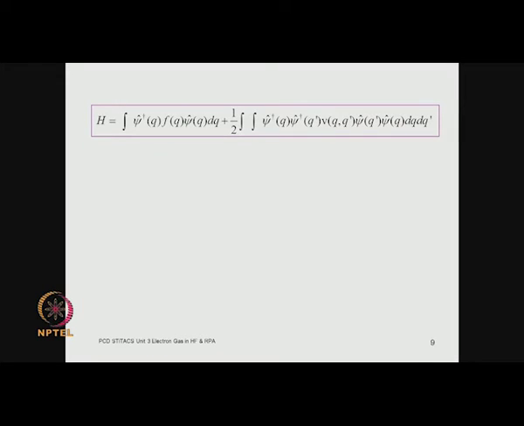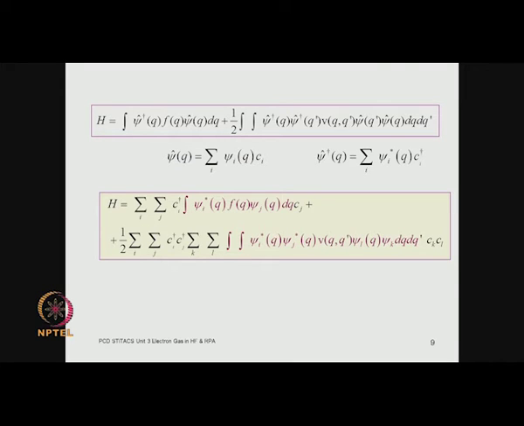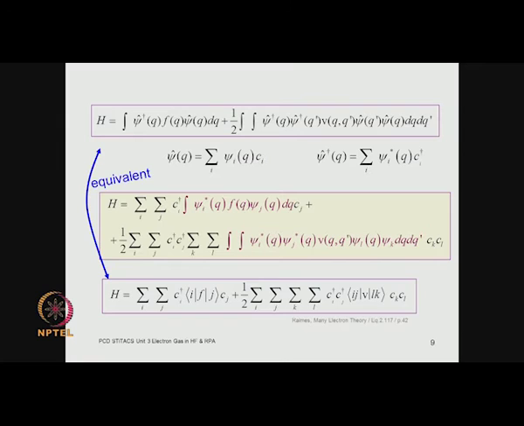So, now this is the form that we have proposed, and if you simply plug in the expansions of the field operators psi and psi dagger which we have with us, and rewrite the Hamiltonian, you find that it is nothing but the same form of the Hamiltonian which you had written in terms of the creation and destruction operators.